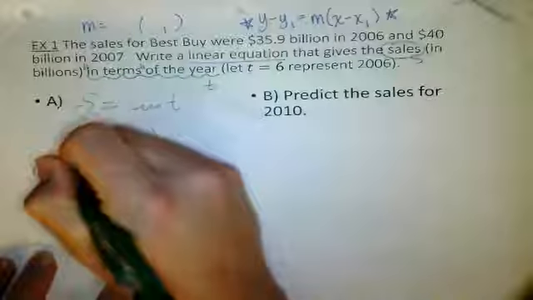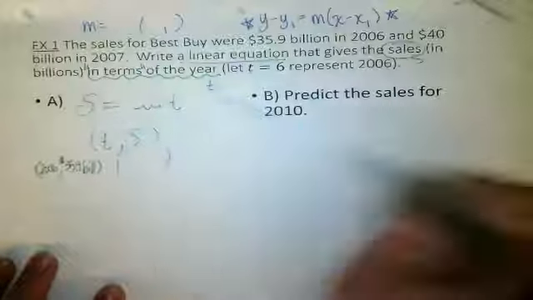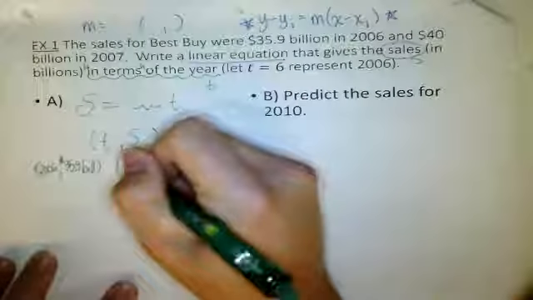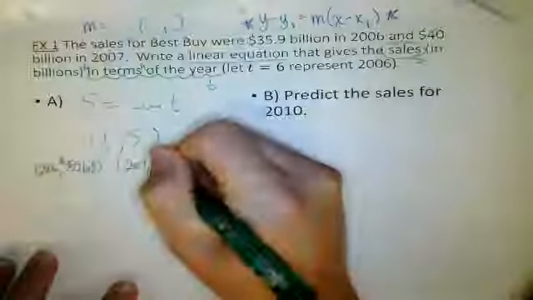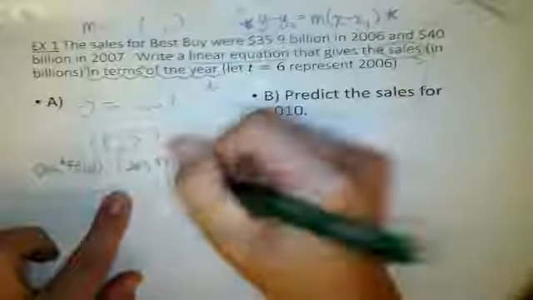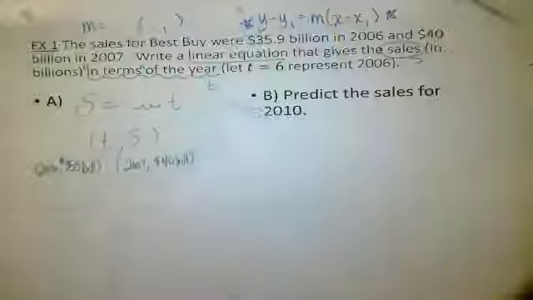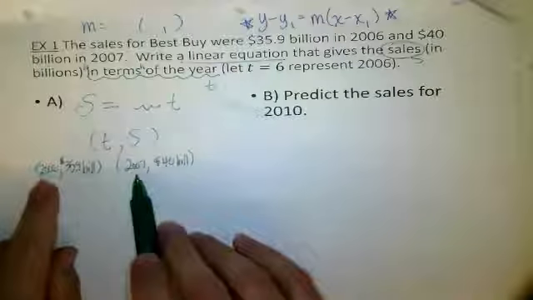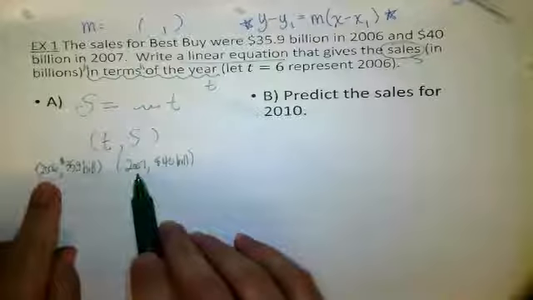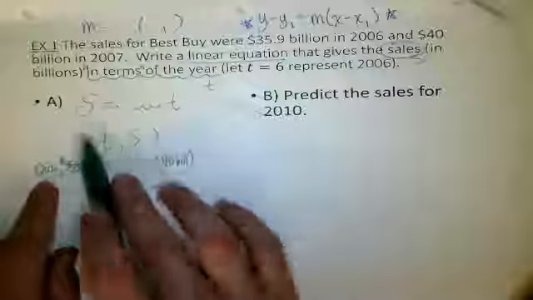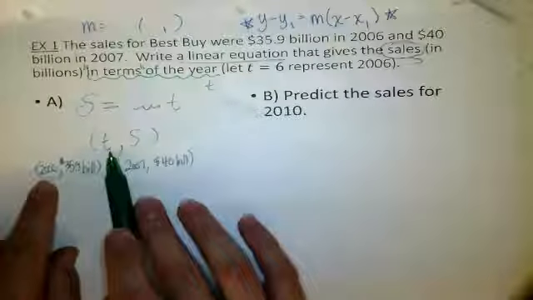And then what's another ordered pair that we've got? 2007, and then 40 billion. So the order really matters. I'm going to keep those units in there for just a minute. You might not think it's important, but it is absolutely essential, because if these aren't in the right order, when we calculate slope, we're calculating slope for something entirely different.